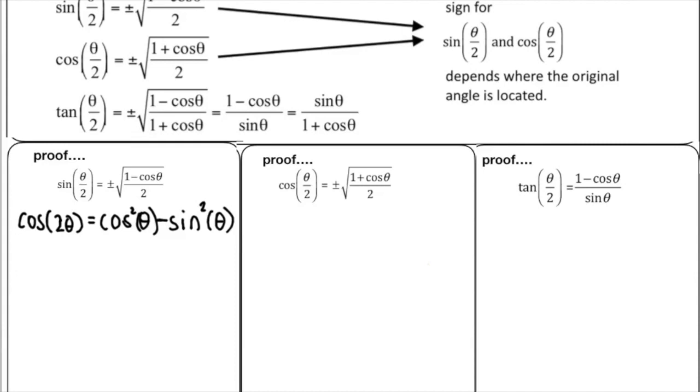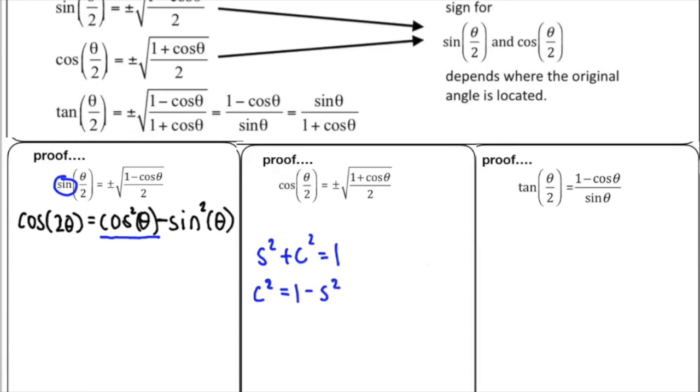The first thing I notice is that I want the half angle of sine. So I want to get rid of this cosine right here. I'm going to use the Pythagorean identity, and I know that cosine squared can equal, if I subtract sine squared from each side, 1 minus sine squared.